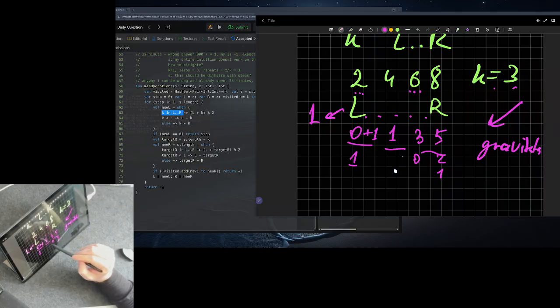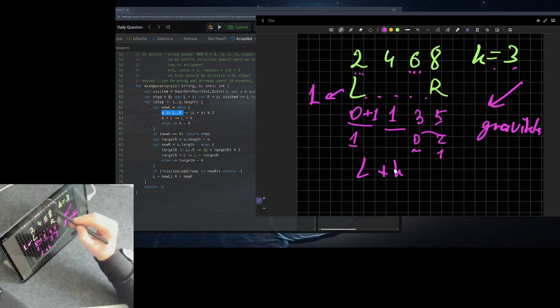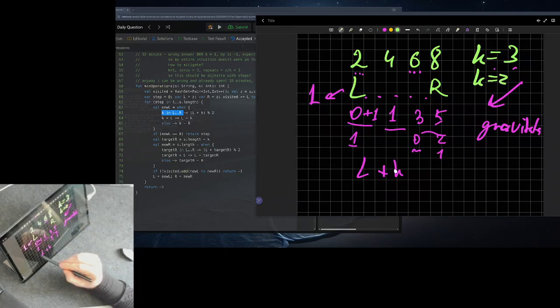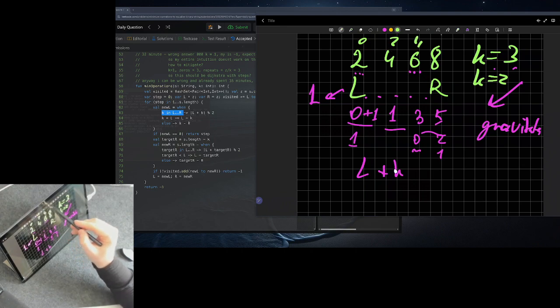So this 6 is kind of not obvious why this 0. L plus k is the parity. So if k equals 2, this should be all like 0, 2, 4, and 6.